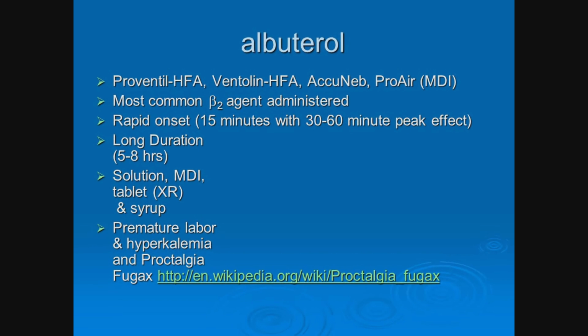It's basically a spasm of the anal sphincter. Sounds like something I don't want to do. Your anal sphincter spasms, and it gives horrendous cramping, and the treatment for it is albuterol inhalation. Go figure. It's one of those weird ones that you'll come across every now and then.